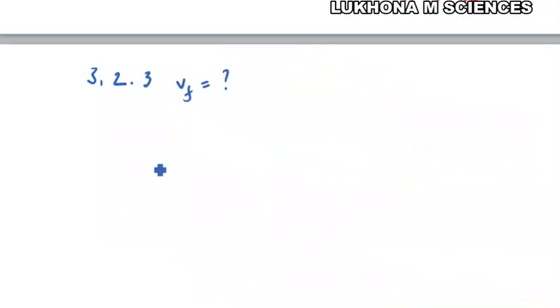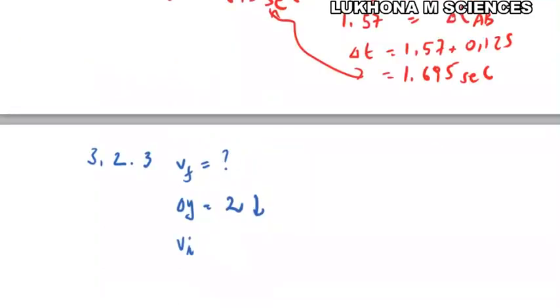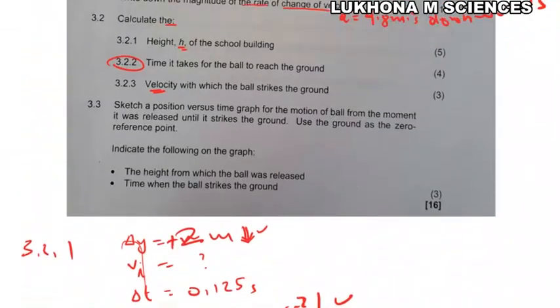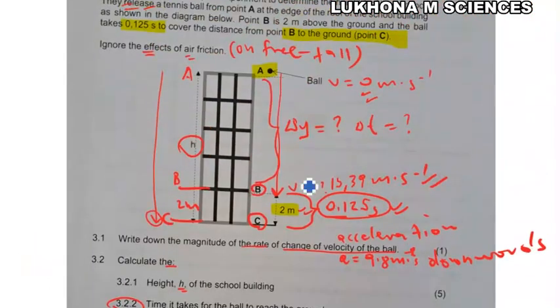We have displacement, which is 2 meters downwards. Then we have the initial velocity there at B. The velocity here at B, because the focus now is on BC, so the velocity at B is 15,39.